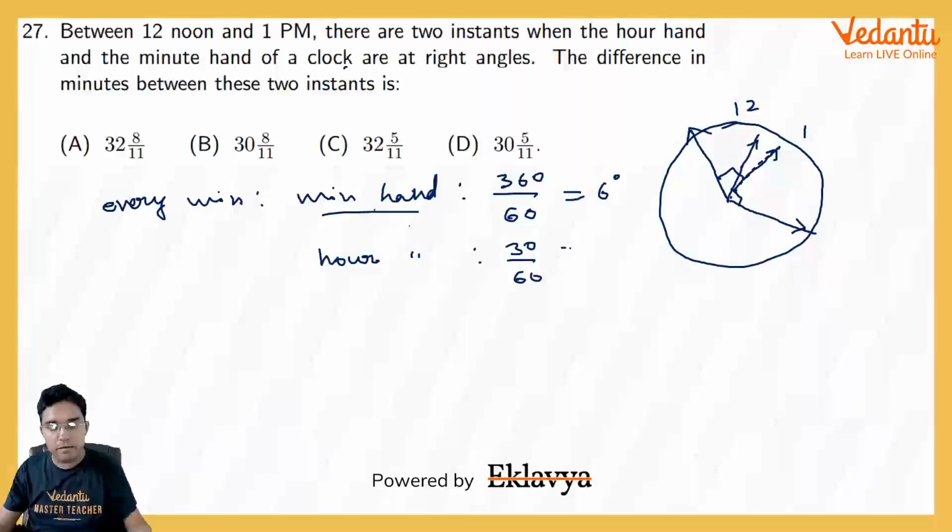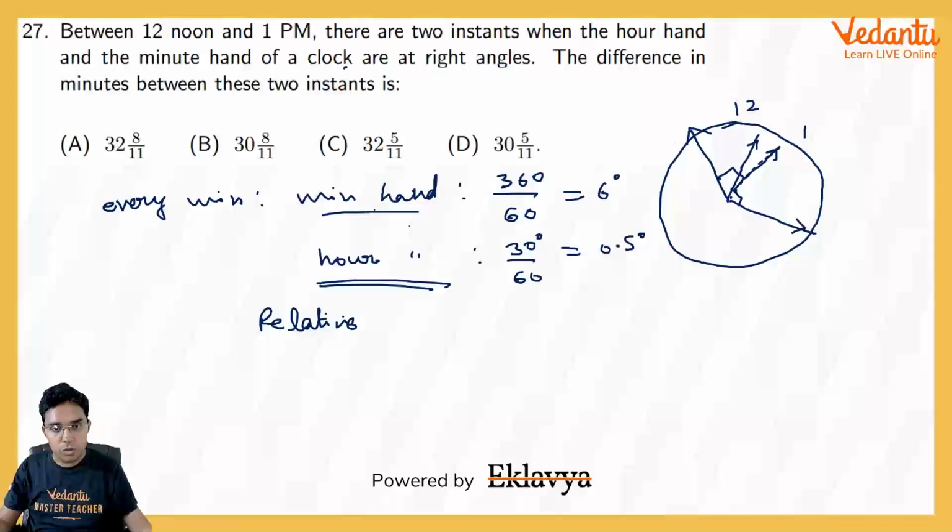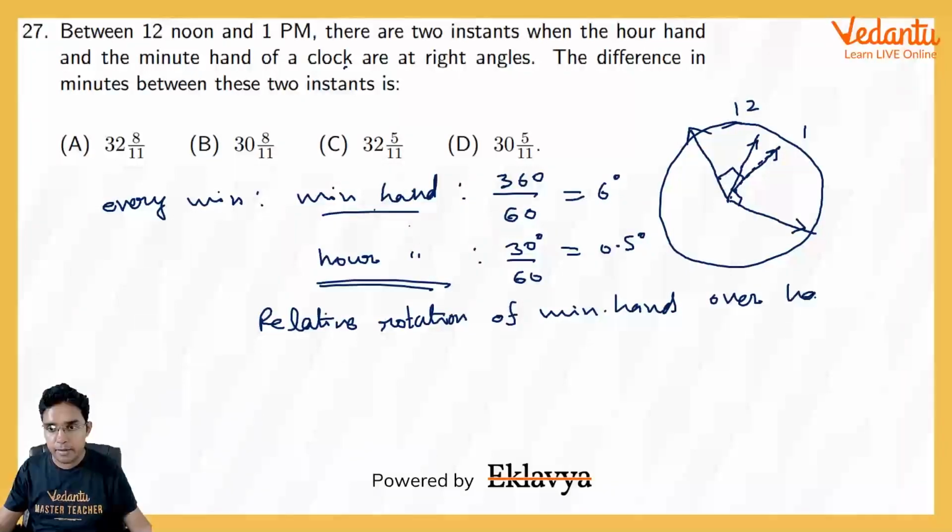So in 1 minute it will rotate by 30 upon 60, that is 0.5 degree. Both are rotating in the same direction. So if I find the relative rotation of the minute hand over the hour hand, it is 5.5 degrees every minute.